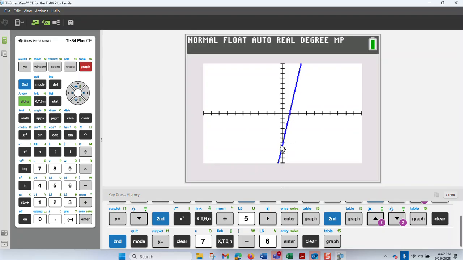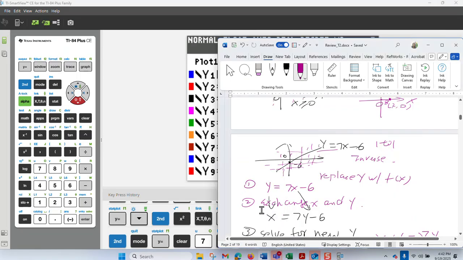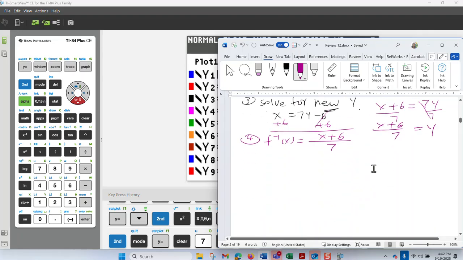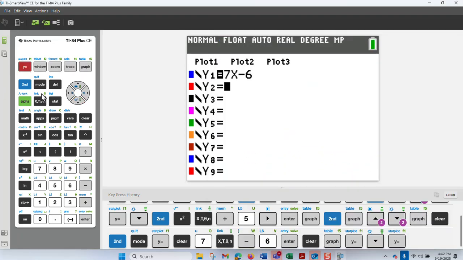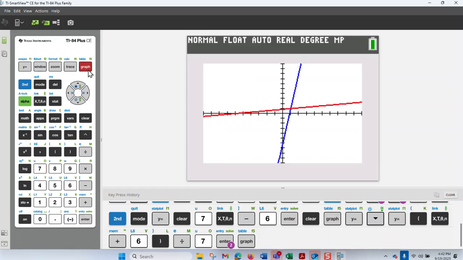So you have an x-intercept right here, and a y-intercept right here. And I graph my y2 here. So what is my y2, which is my inverse? My inverse here is x plus 6 over 7.